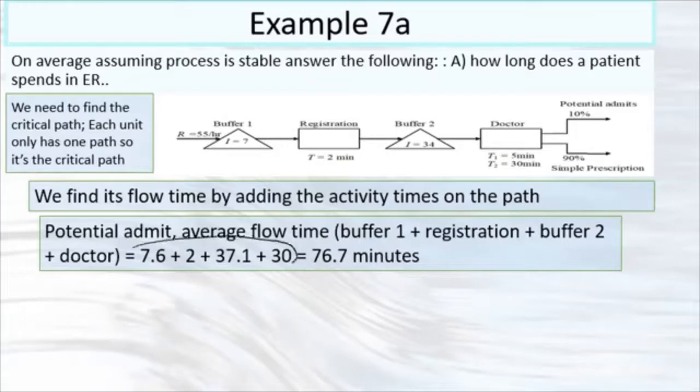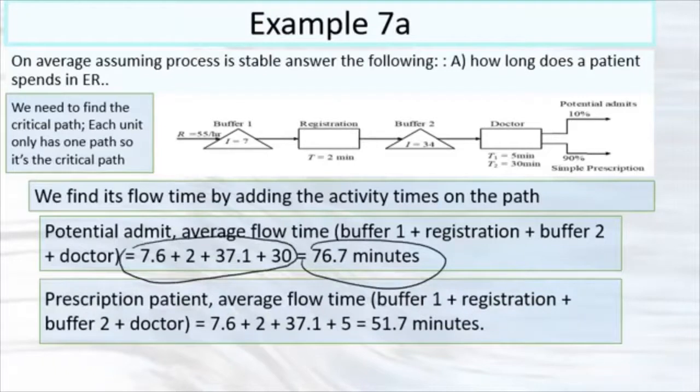We're just adding the numbers we've already calculated, and we're going to get 76.7 minutes. And for prescription patients, we're again adding all the different numbers, 7.6 to 37.1 plus 5. Notice the only difference between the potential admit and the prescription patient is the doctor time. And we're going to get 55.7 minutes.